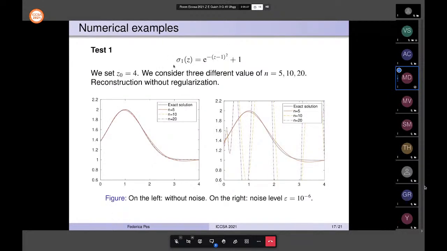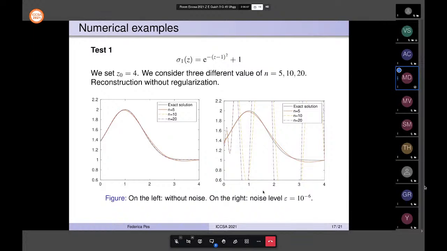As a first example, we consider this smooth function. In the picture on the left, we reported the reconstruction without noise, which means that only rounding errors of the order 10 to the power minus 16 are present, and the reconstruction is very accurate. On the right, we add a very small noise level, and we can see the instability of the solution.